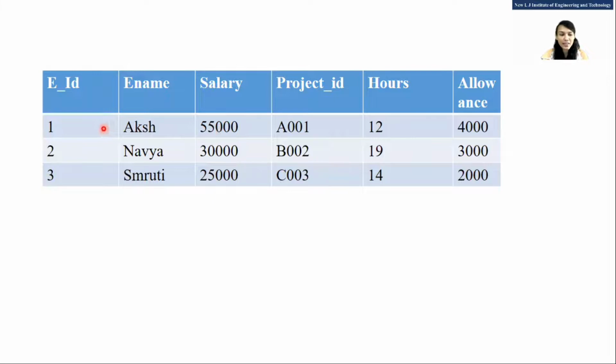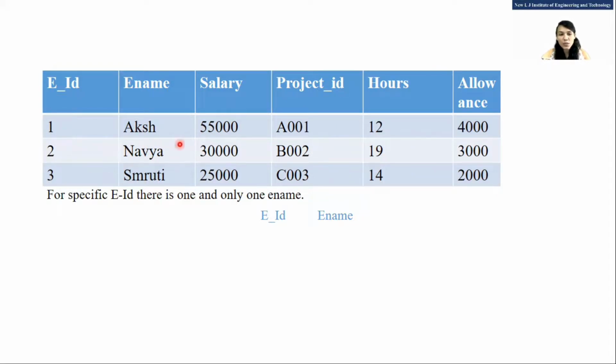Now let's take another example. Here we have one table with different columns: EID, ename, salary, project ID, hours, and allowances. And here we have different records. For a specific EID, there is one and only one ename. We already know the concept of a primary key, where the primary key identifies each record uniquely.